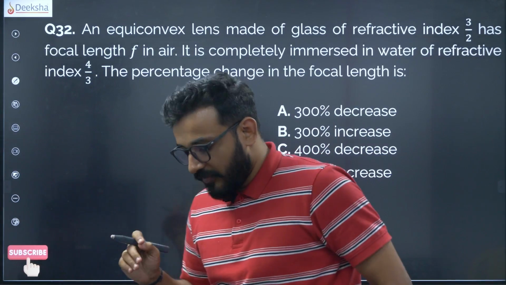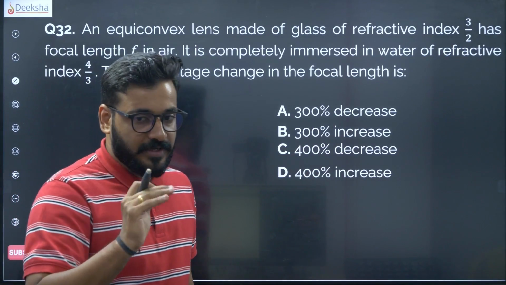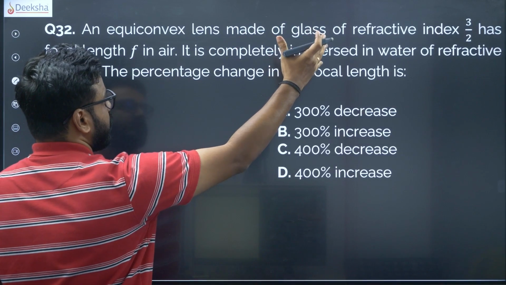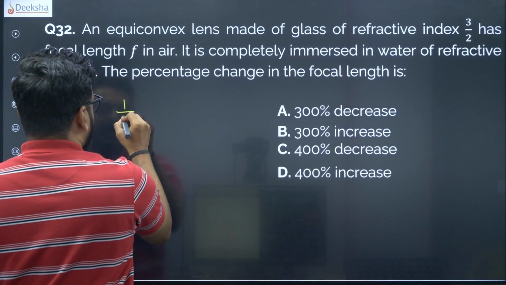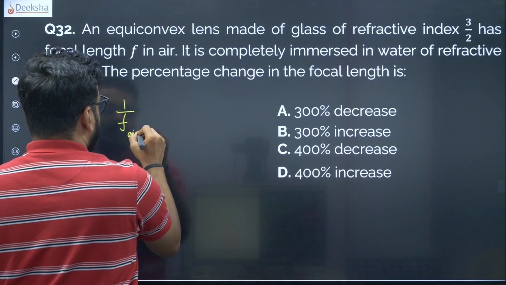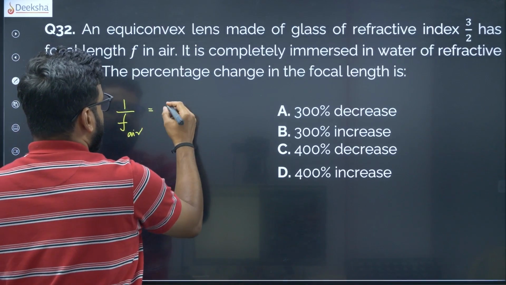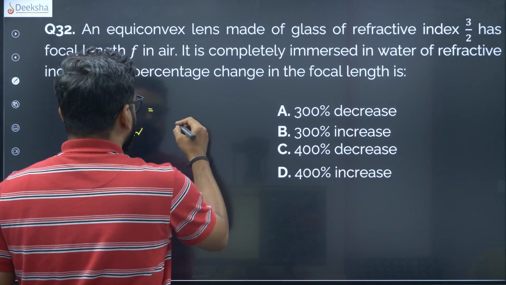So first you have to note that the formula used here is the lens maker's formula. First you can use it for air, so 1 by f air. When you consider the medium air, we have the absolute refractive index, because you are relating with air.